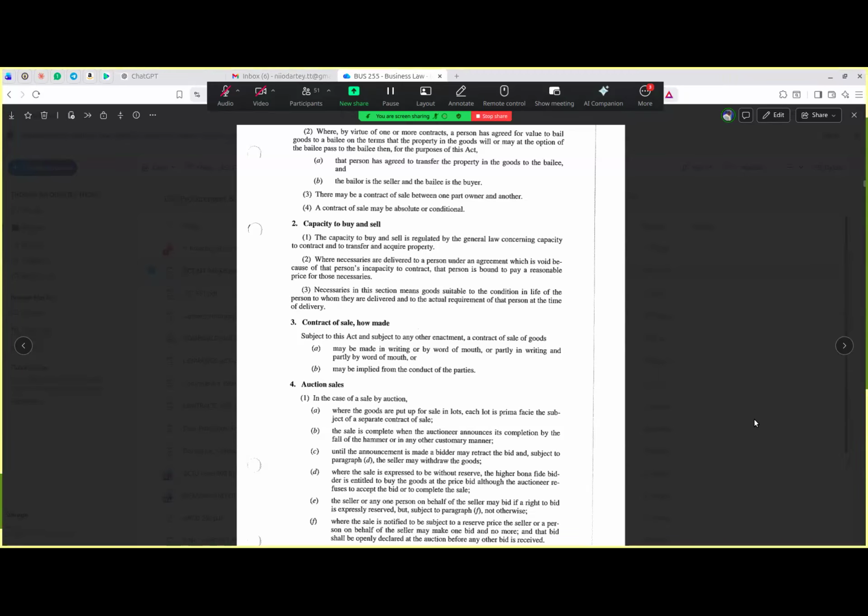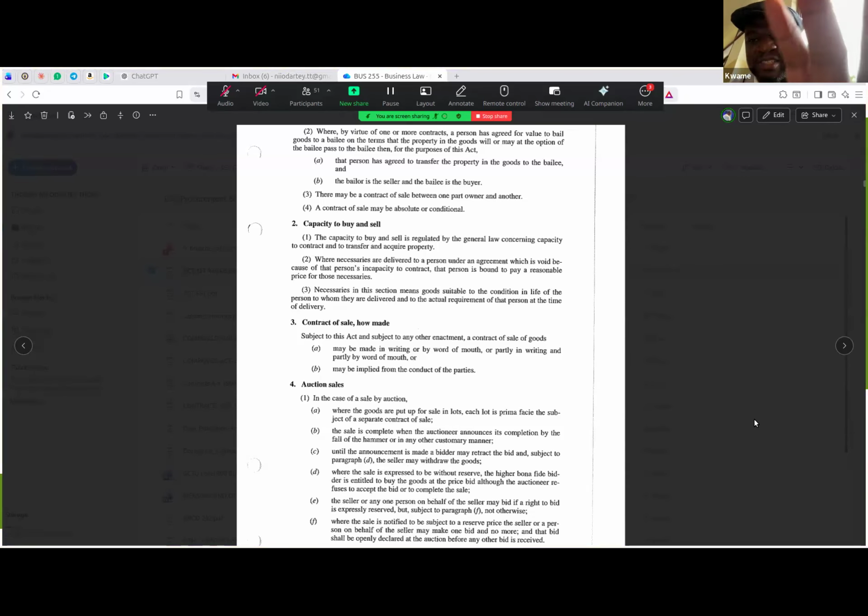When necessaries are delivered to a person under an agreement which is void because of that person's incapacity to contract, that person is bound to pay a reasonable price for those necessaries. Yes.